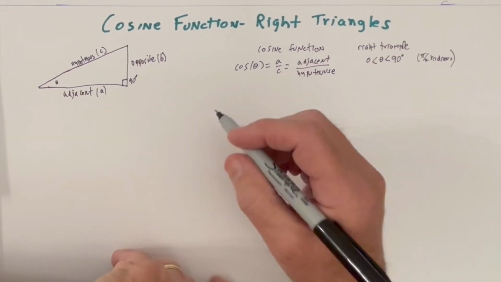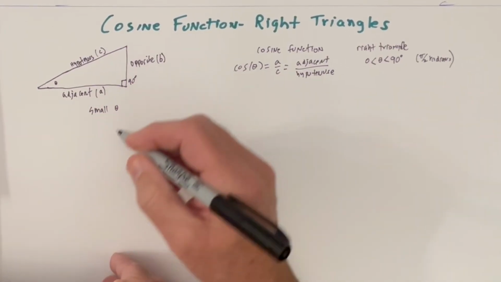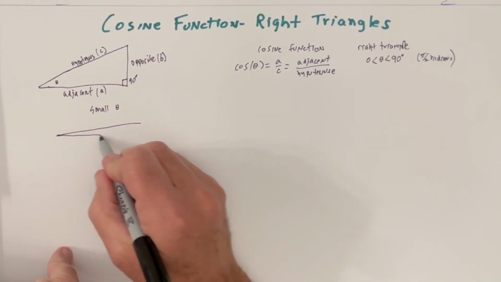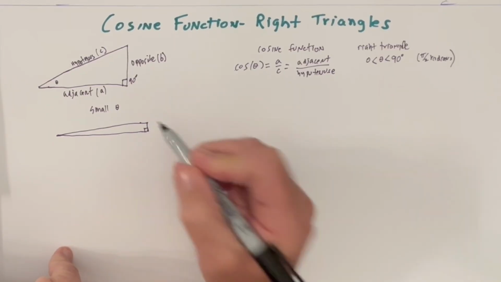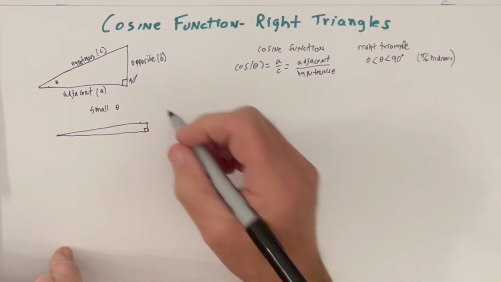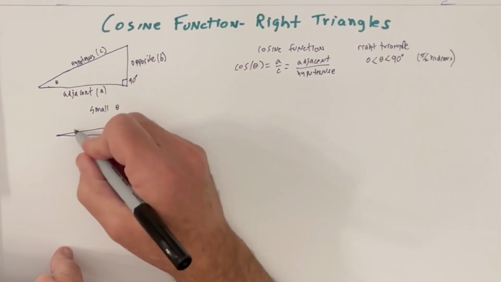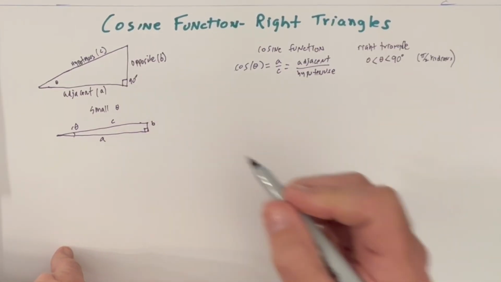So now let's look at some cases here. Let's look at small theta. So that's going to be the case where we've got a long, skinny triangle here. There's our right angle. There's going to be our side B, our opposite, our hypotenuse, angle theta. And then there's our adjacent side.